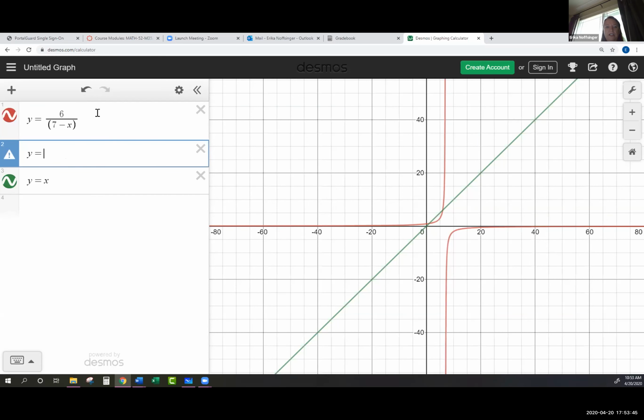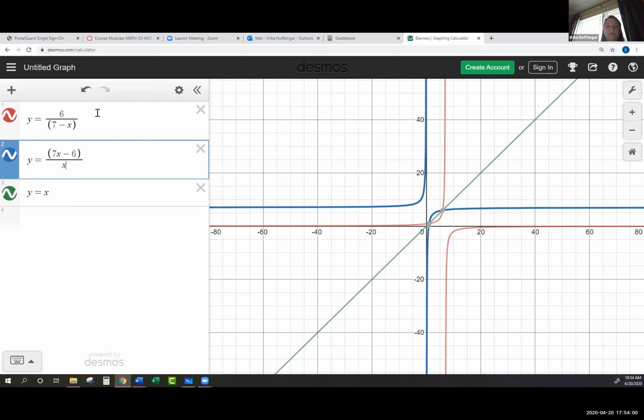And the other function, f inverse of x, we had in our numerator 7x minus 6, all divided by x. Just make sure I wrote everything down right.